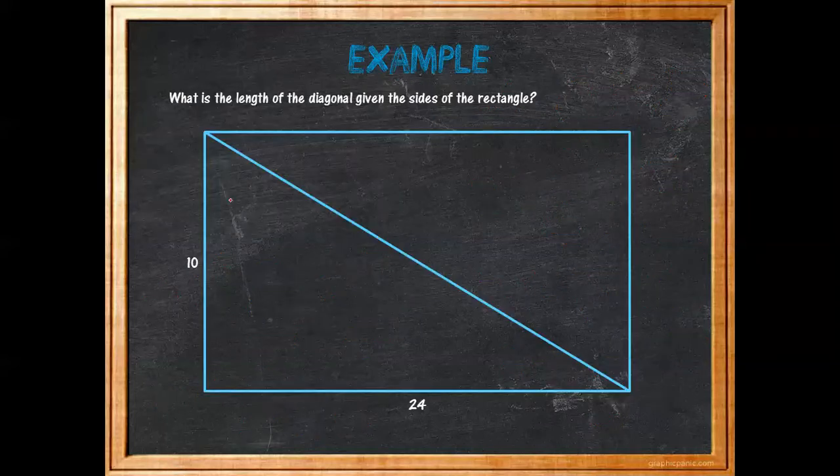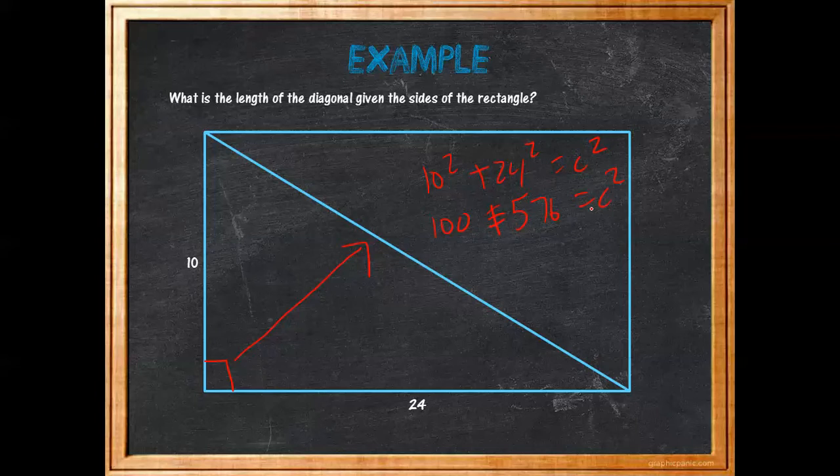For this one, it says, what is the length of the diagonal given the sides of a rectangle? We know that a rectangle has a right angle, so this would be a hypotenuse. So this is just the Pythagorean theorem. We're going to say 10 squared plus 24 squared equals c squared. So 10 squared is 100, and 24 times 24 is 576, and that equals c squared.